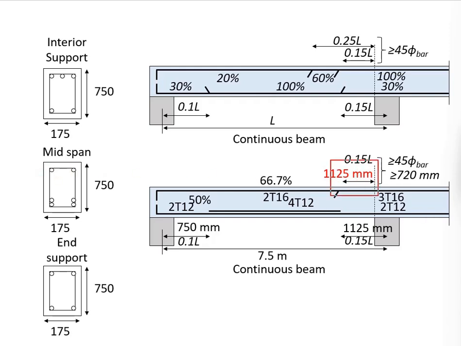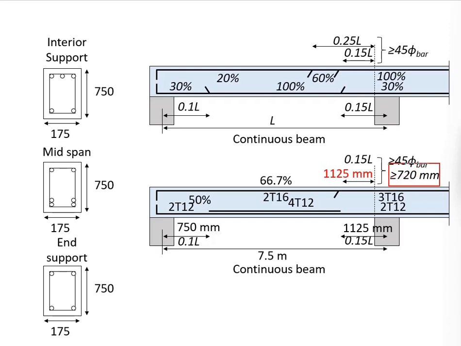And where should this be in place? We are talking about 0.15 times the effective length, which is the same location here, 1125 mm. And make sure you check against this minimum of 45 times the bar diameter. This 45 times the bar diameter is referring to the bar size of 16 here.